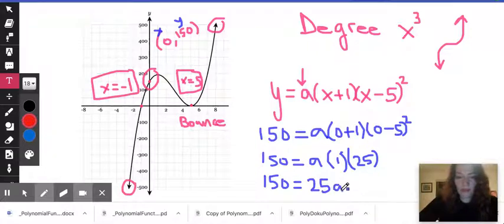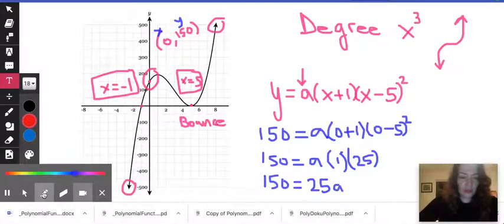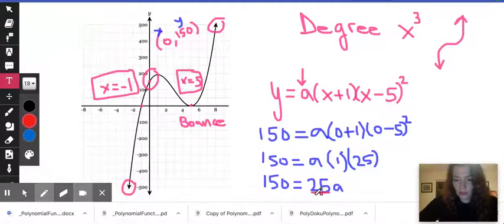To solve for a, we just need to divide both sides by 25. You can use a calculator, or you can think of it as how many times does 25 go into 150, and that would be 6. So the a value is equal to 6.